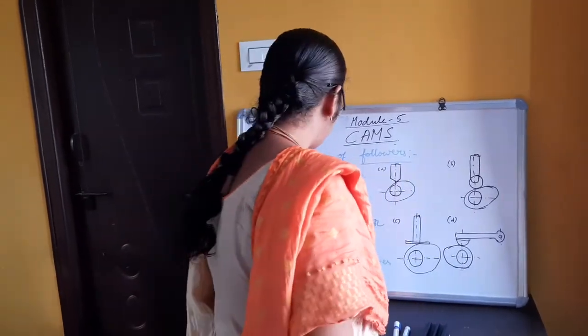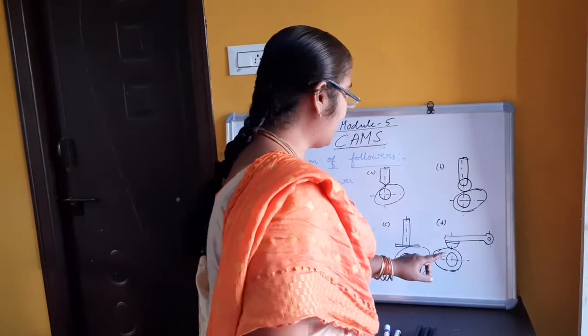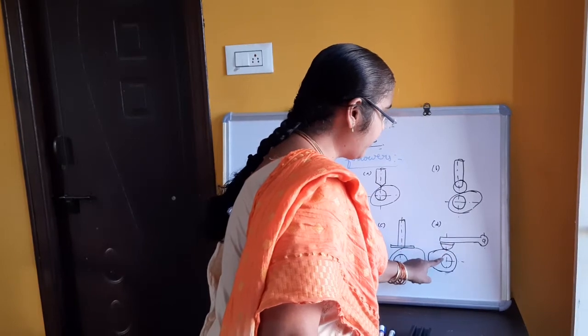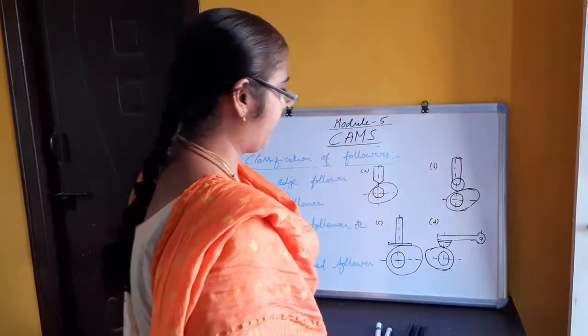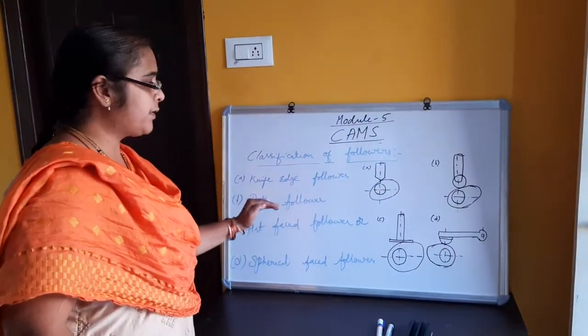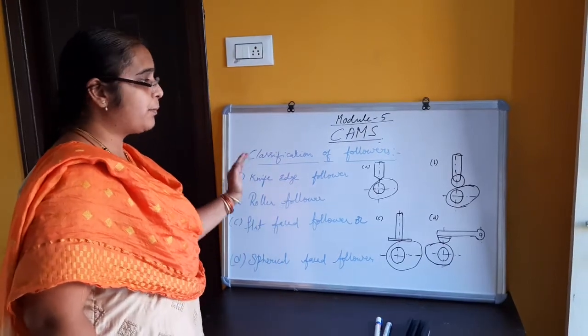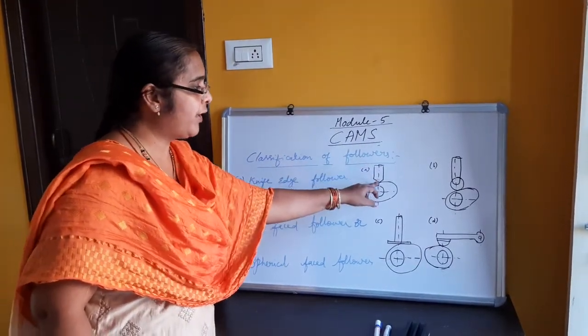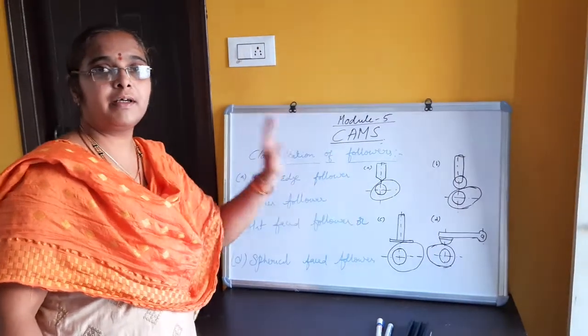And the last one is the spherical faced follower. Here we have the spherical surface which is in contact with the surface of the cam. So these are the four types of followers, classified based on the type of contacting surface of the follower with the cam.